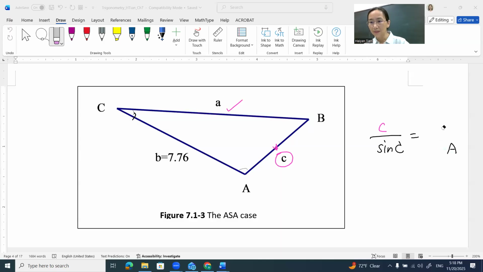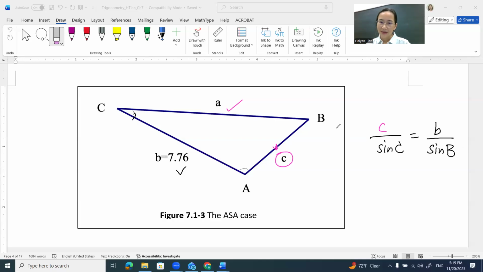What if we made a mistake? If there is a mistake in the a we just found, then that will impact our solution for c. So let's use what is given. If possible, use what is given. So let's use b. b is the length that is given.